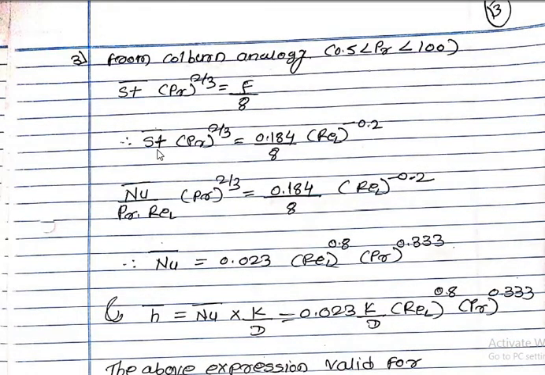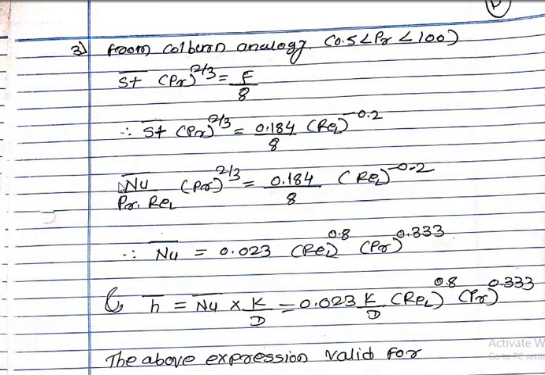So we know that the Stanton number is nothing but the ratio of the Nusselt number to the product of the Prandtl number and the Reynolds number. So the Stanton number we have written over here multiplied by Prandtl number raised to 2 by 3 is equal to 0.184 divided by 8 multiplied by Reynolds number raised to minus 0.2.